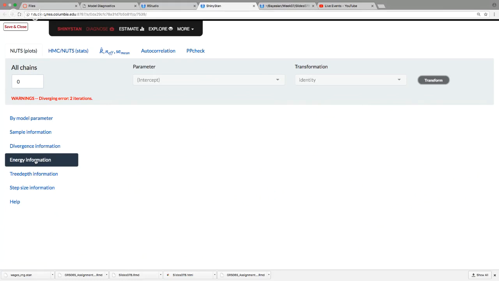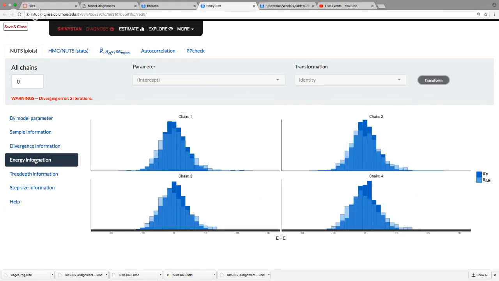This energy thing is underlying the low BMFI diagnostic, which I did not get a warning about this time, because that wasn't a problem. But a more visual indication of that is to look whether the level of energy, again, there's a physics analogy here, has the same distribution as the change in energy.